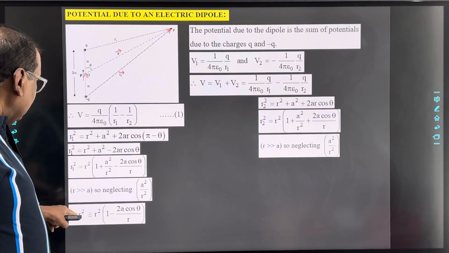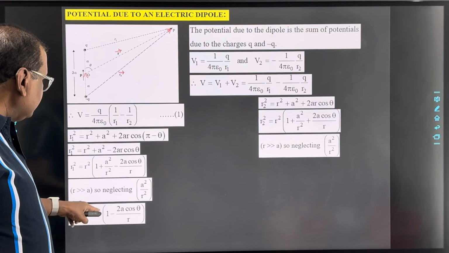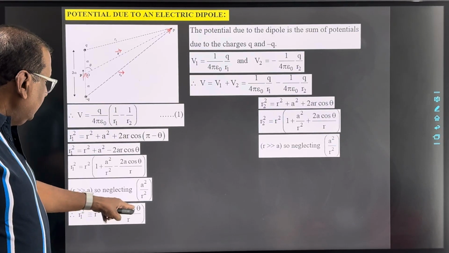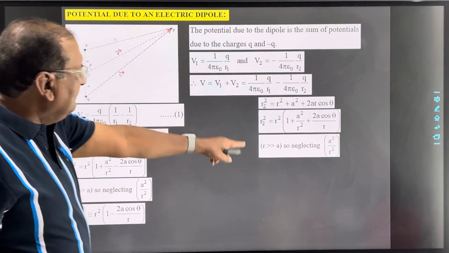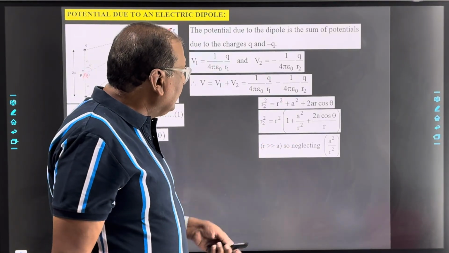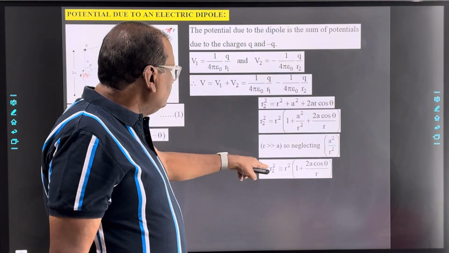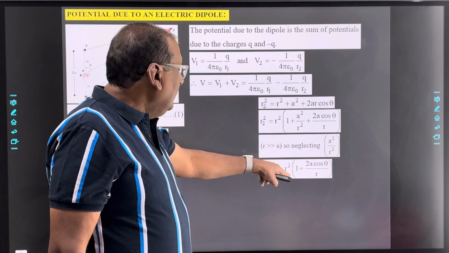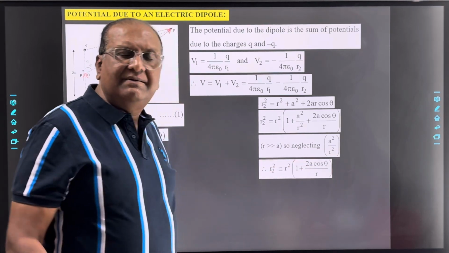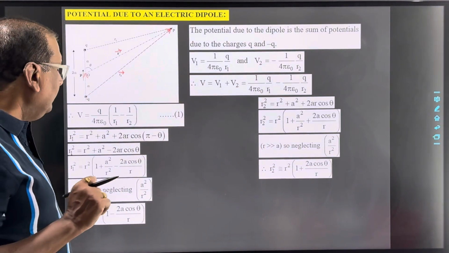So R1 square is nearly equal to R square into 1 minus 2A cos theta by R. Similarly here, neglecting A square upon R square, R2 square is R square into 1 plus 2A cos theta by R. Clear up to this one?